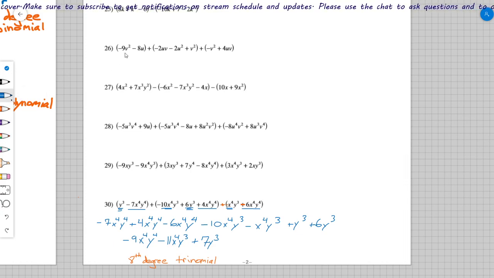So 26, we're going to have negative 9v squared. And let's go ahead and write the degrees on the top so we can kind of put this in order. So we got 2, 1. This is going to be 2, remember 1 plus 1 is going to add those together. So you get 2, 2, 2. So this will be our last term.